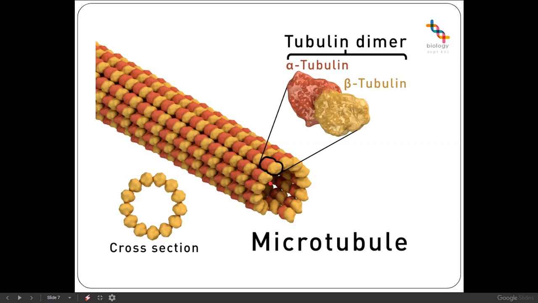So forming a microtubule involves the polymerization growth of a microtubule. Polymerization just means we're putting small sections together to make a polymer. So we're adding all these dimers together to produce one polymer. Polymerization is the growth of the microtubule, and then we have depolymerization, which is a shrinking of the microtubule.